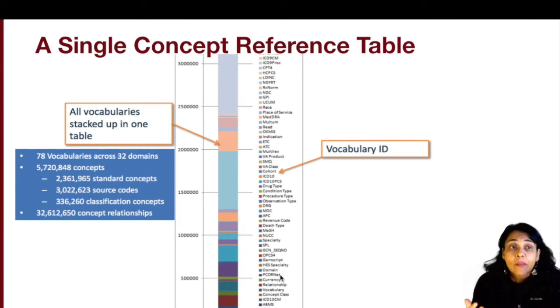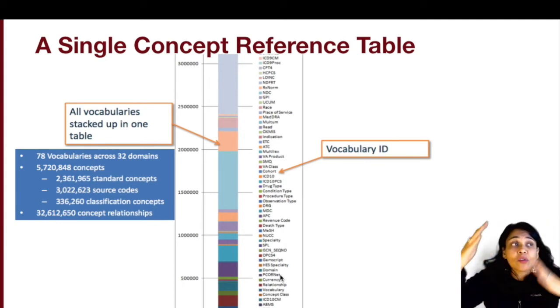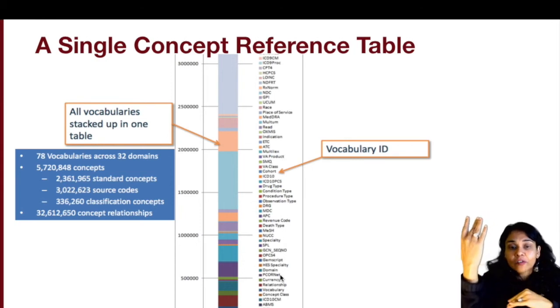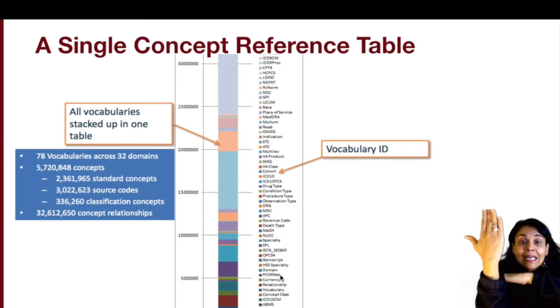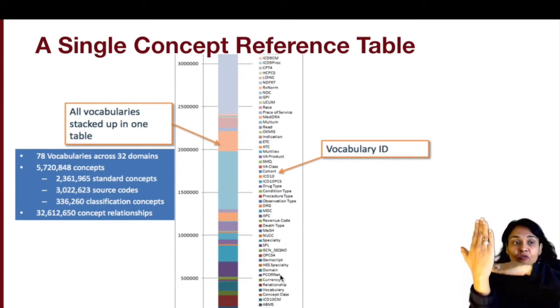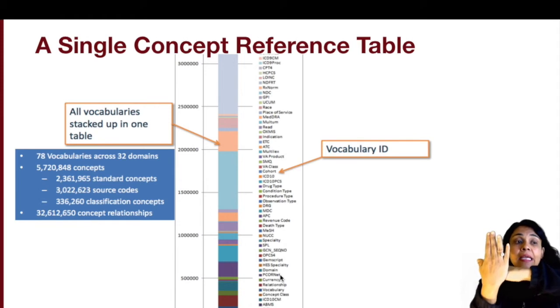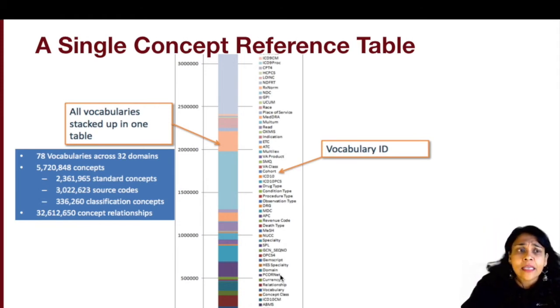So the one thing to remember is there is this single concept reference table, and all the vocabularies have been stacked up one on top of the other in this table. So this table will actually contain a reference to, say, atrial fibrillation as defined in the ICD-9 vocabulary, atrial fibrillation as defined in the ICD-10 vocabulary, atrial fibrillation as defined in SNOMED, atrial fibrillation as defined in, say, the READ vocabulary, which is what is used in the UK.